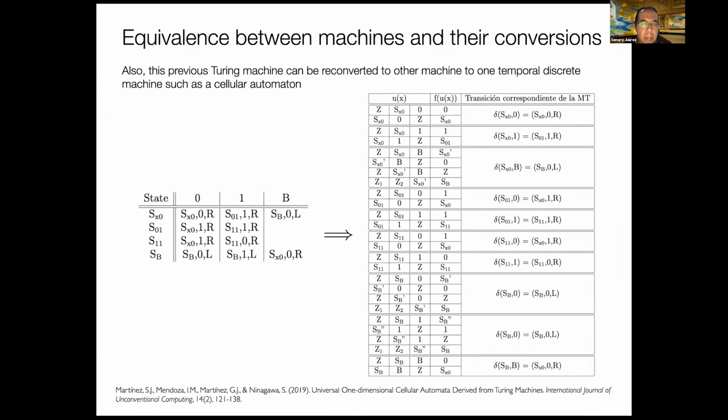so returning to the concepts of computer science, historically, we have the problem that if we have, for example, a Turing machine, how could this machine be represented in other systems?